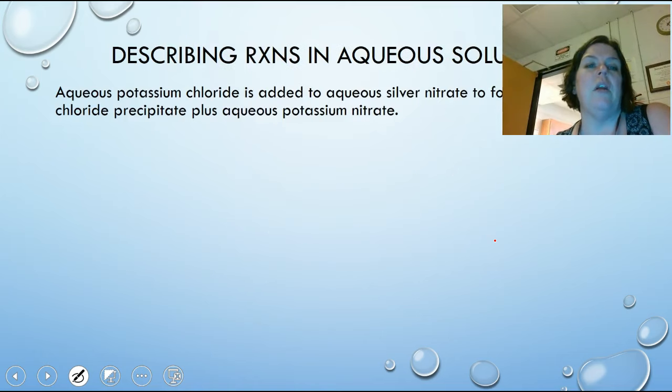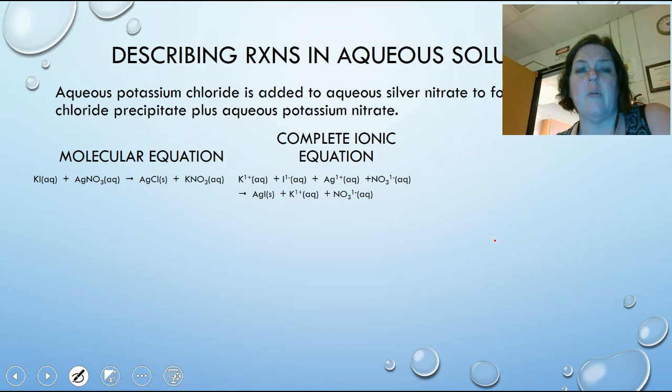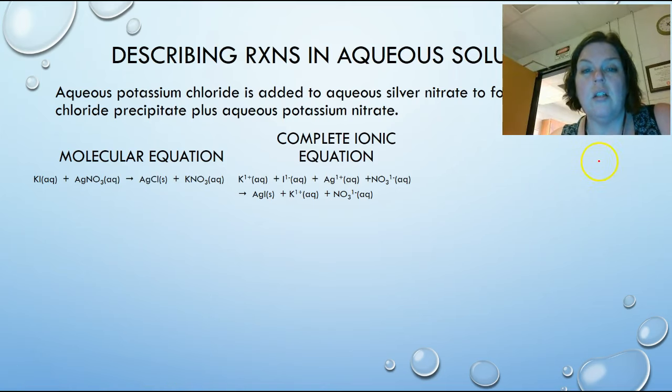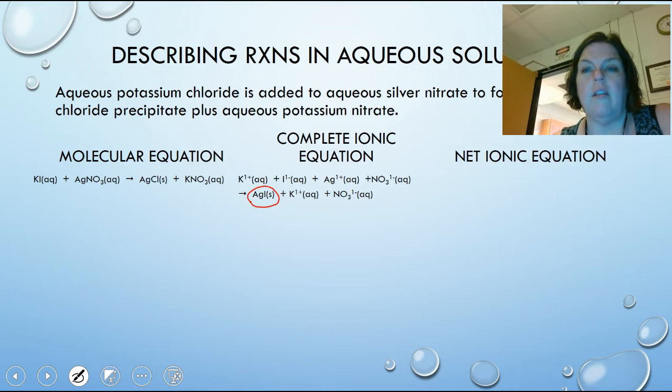So the first reaction we have is potassium chloride and aqueous silver nitrate to form silver chloride, a precipitate, plus aqueous potassium nitrate. So the molecular equation, there it is. It's already balanced. Complete ionic equation. Everything's been broken down into its ions except for the silver chloride. The silver chloride right here hasn't been broken down. Okay, then we go to the net ionic.